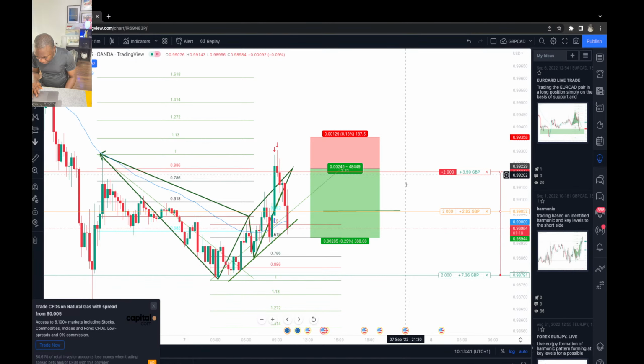Let's see. So we've got 2 more minutes. Let's see what happens with the next candle, how it opens. One more minute. See how the next candle opens up. Let's see.